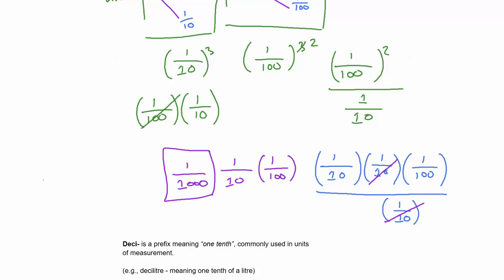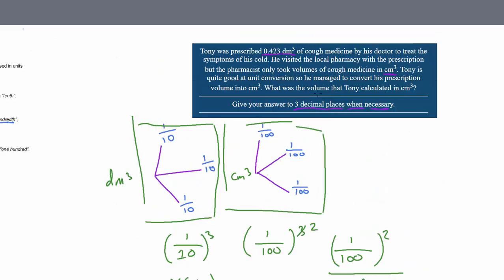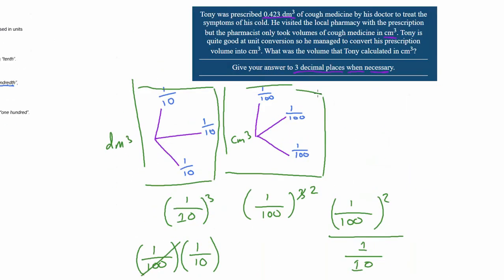What arises next is the question of, well, do we divide it? Do we multiply? What we've been asked to do in the question? We've been asked to convert dm³ to cm³. Now, if we're converting centimeters to millimeters, right? So in this case, let's say we've got 100 centimeters and we want to convert it to millimeters.